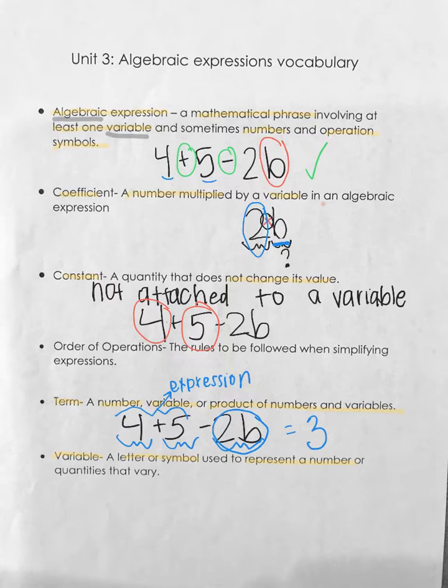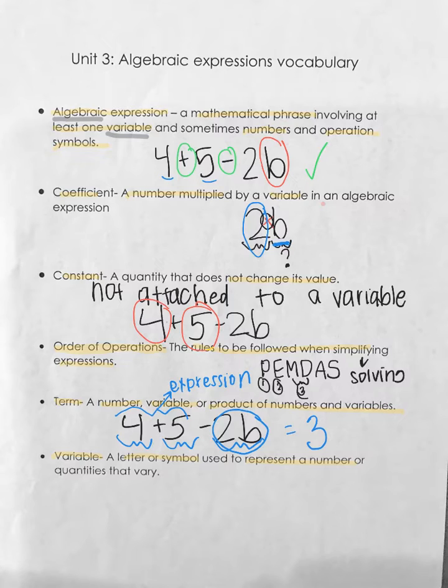The last thing I want to define, which should be a review for you, is order of operations. Those are the rules that we follow when simplifying, or another word for simplifying is solving an expression. We remember the order of operations through the mnemonic device PEMDAS. First, we do whatever parentheses we have in the problem, then anything with exponents.